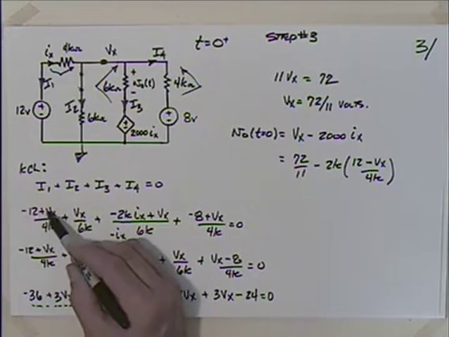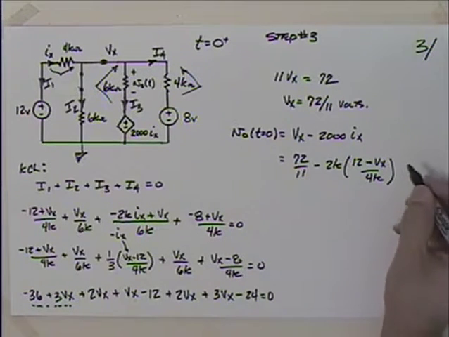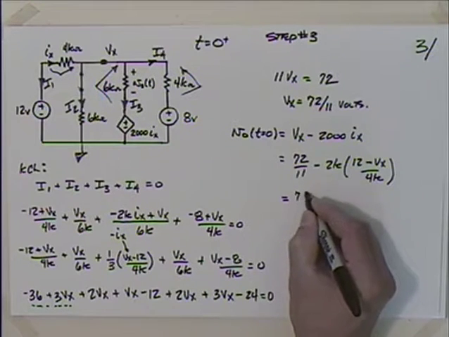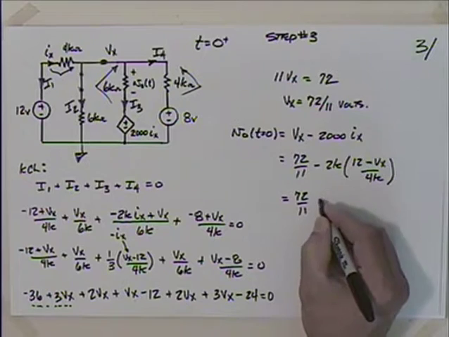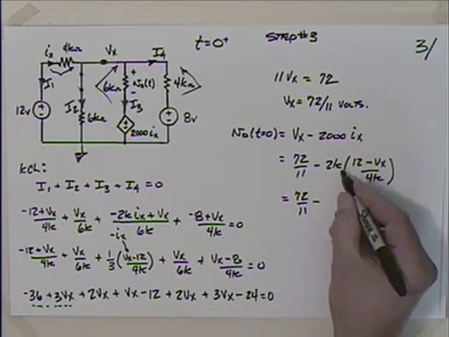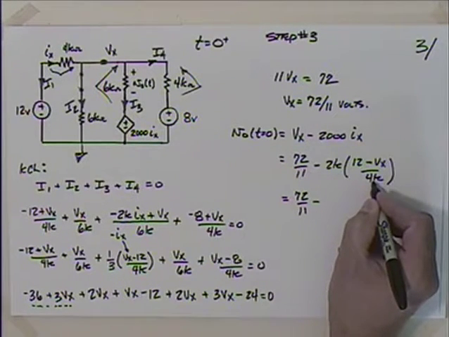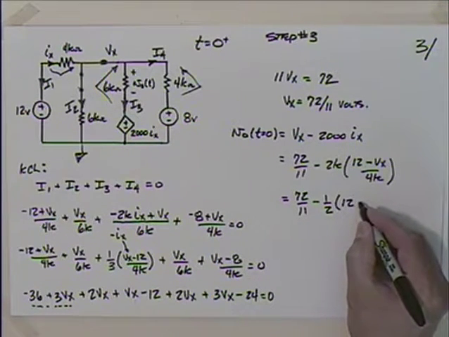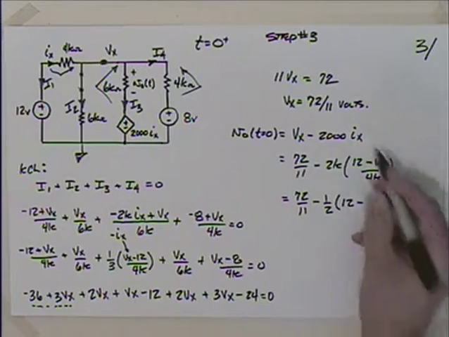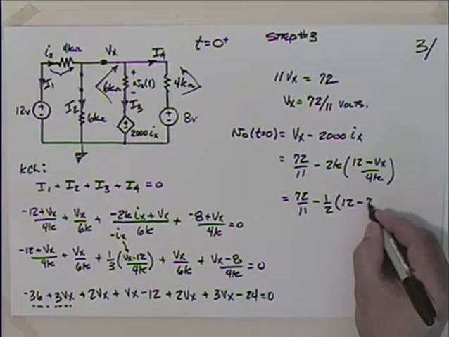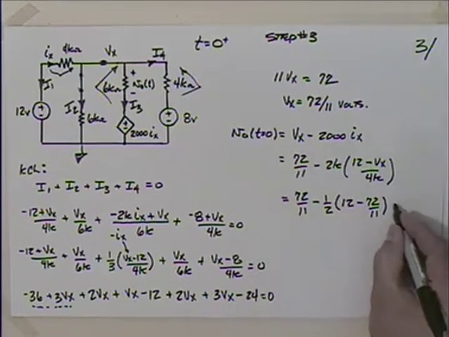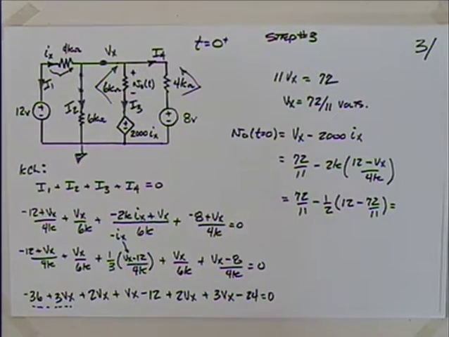The 12 becomes positive, Vx becomes negative, and Vx is 72 over 11, then minus 2k over 4k, the k's cancel, and I have a half, 12 minus Vx, again 72 over 11. So I'll get a number for that.